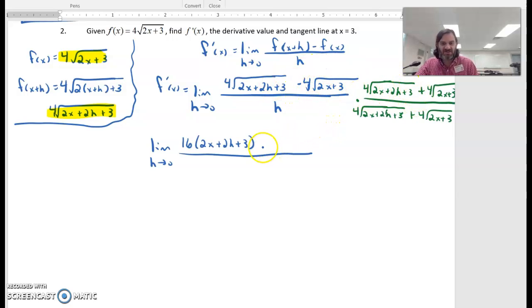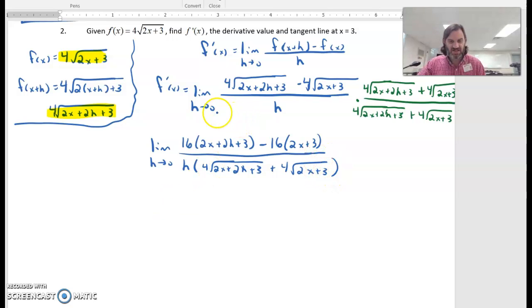You can write them out. But then the last will be negative, and it'll be 4 times 4, so negative 16, and then 2x plus 3, because we'll be squaring the square root. We'll have to clean it up in a moment. But the bottom will look like h times 4 square roots of 2x plus 2h plus 3 plus 4 times square root of 2x plus 3.